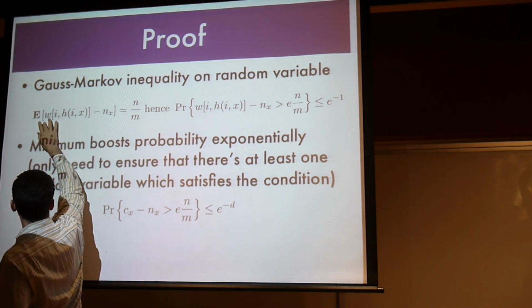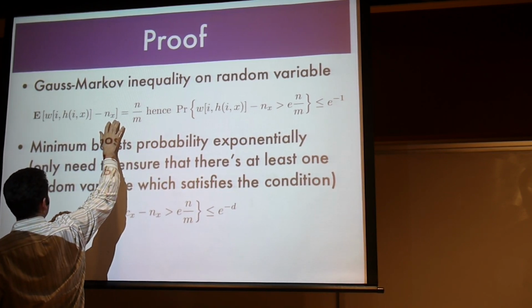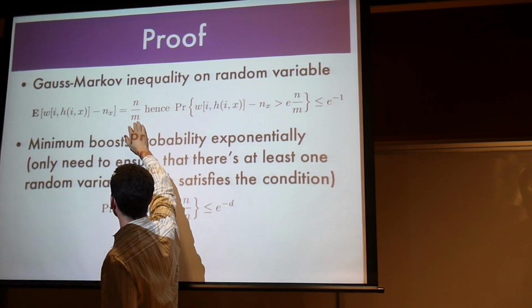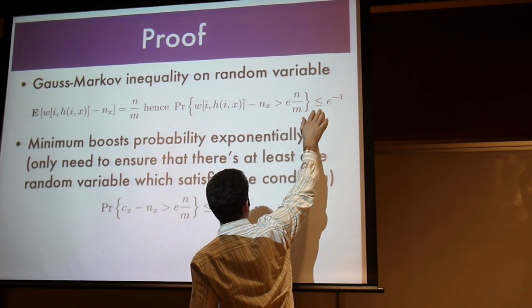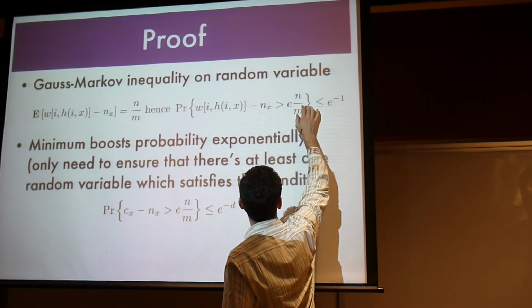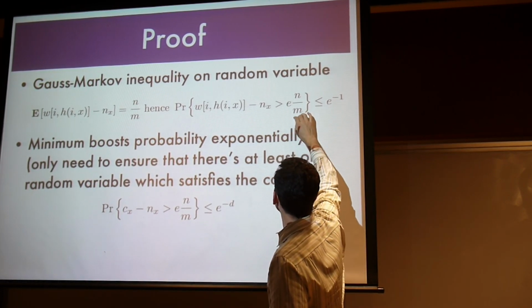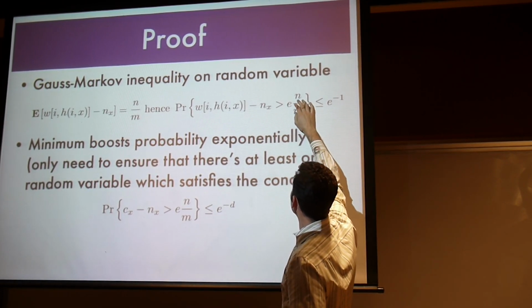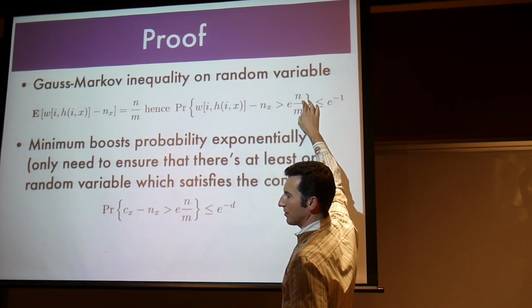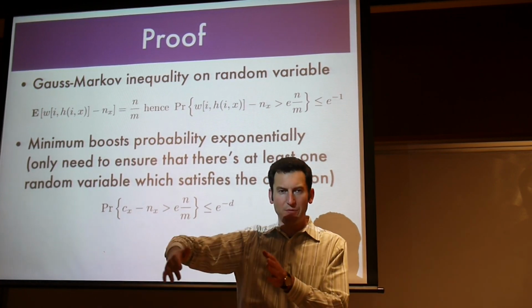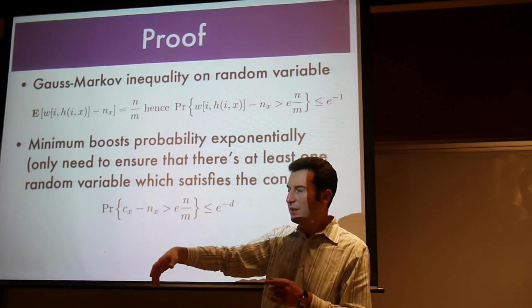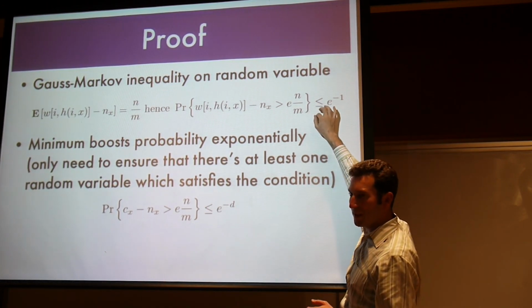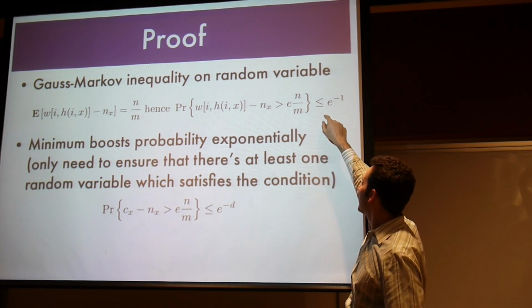This is a non-negative random variable, and so I can just use Markov's inequality as I would, and I use Markov with an upper bound not n over m, but e times n over m. So I'm just moving a factor of e further to the right. Now by Markov, that means that the probability that I go further than that is 1 over e.